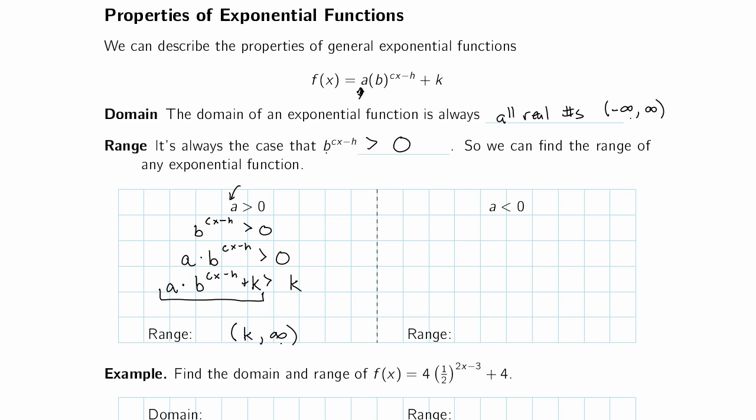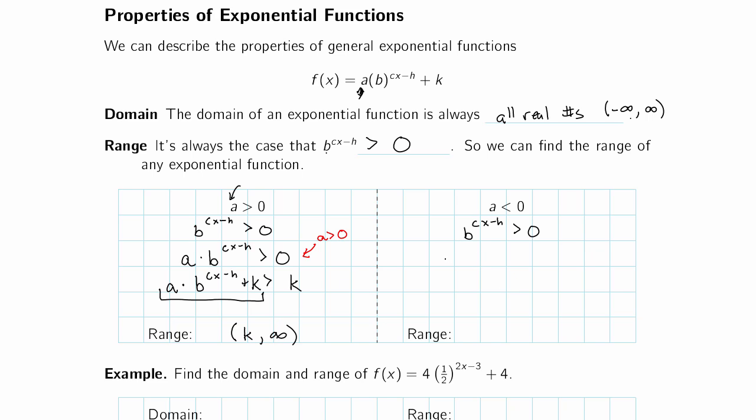What if the coefficient is negative, right? What if a is negative? Well, that changes what happens at this step, right? At this step, we used that a was positive. If a is negative, we still have that our b to some power is always positive.